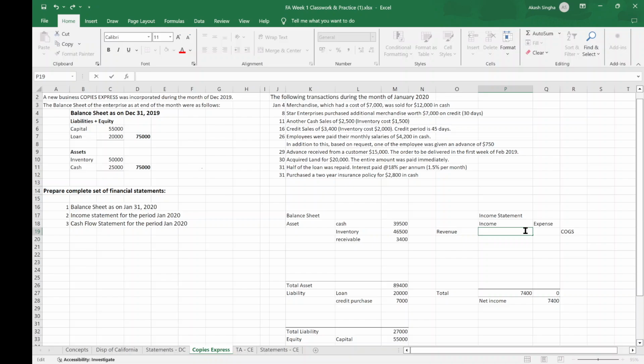So 12,000 was sold at first, plus 2,500 plus 3,400, and the costs of that was 7,000 plus 1,500 plus 2,000.